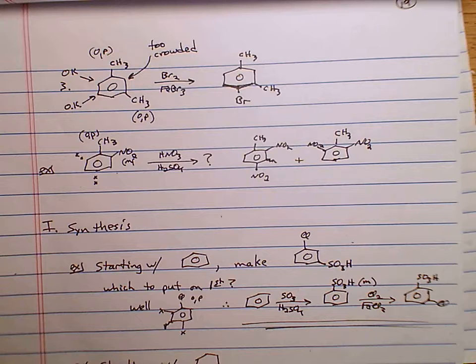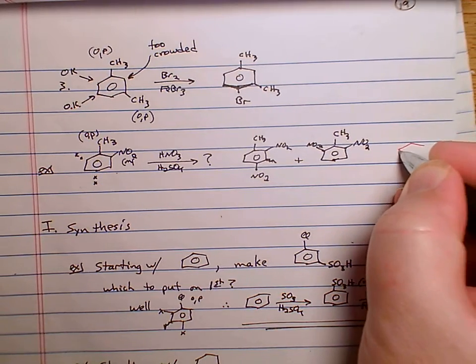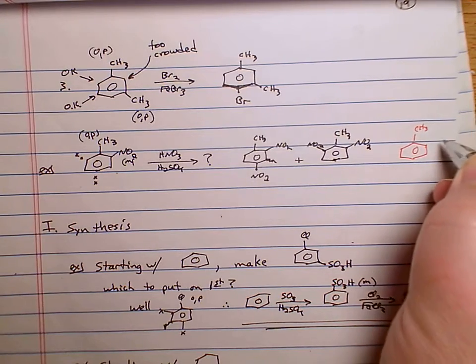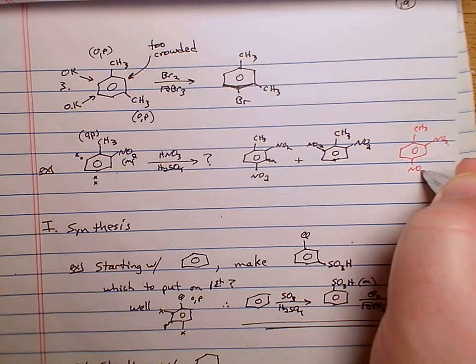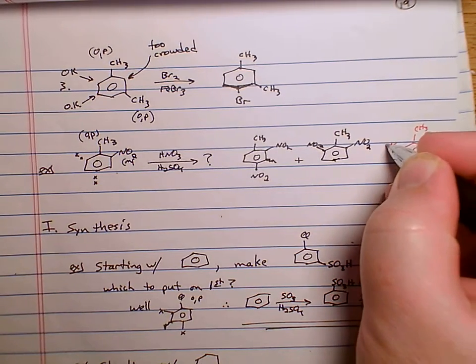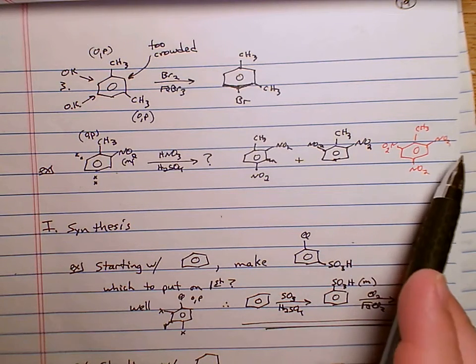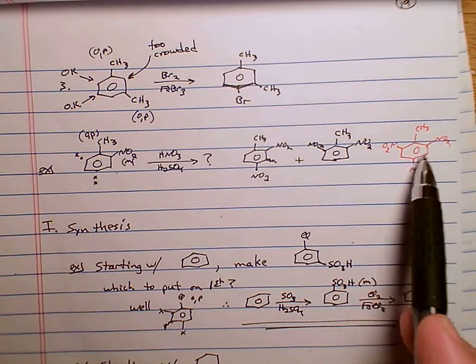So if you put a third nitro group on here, you would end up with our benzene ring, CH3, NO2, NO2, NO2. This molecule, by the way, is based off of toluene.